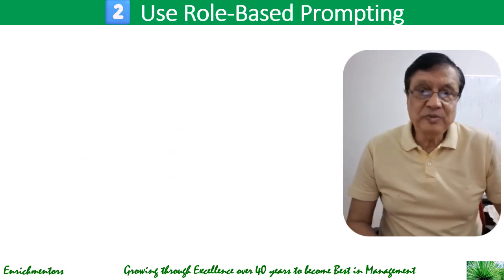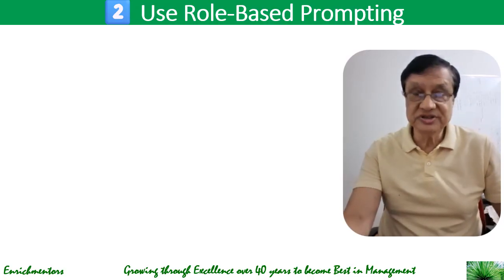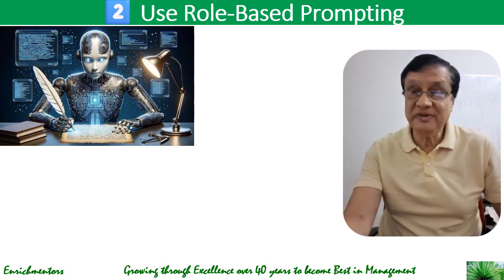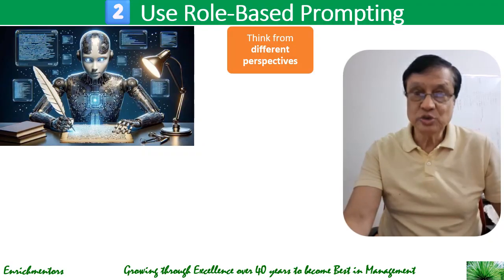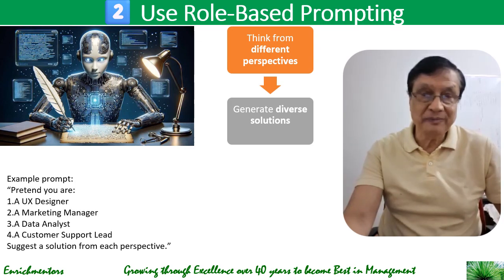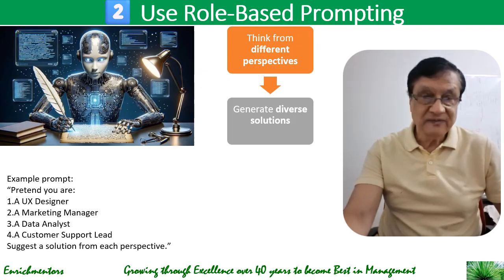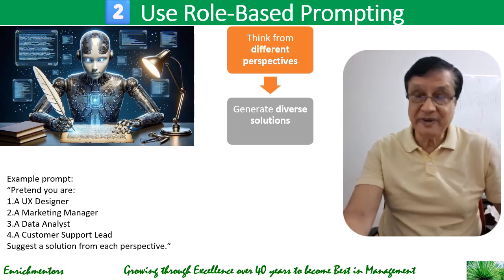Then the next step would be to use role-based prompting. What you need to do is ask AI to think from different perspectives to generate diverse solutions, because diverse solutions will only be generated if you think from different perspectives, right? An example prompt would be: pretend you are a UX designer, a marketing manager, a data analyst, and a customer support lead, and then ask for a solution from each perspective.